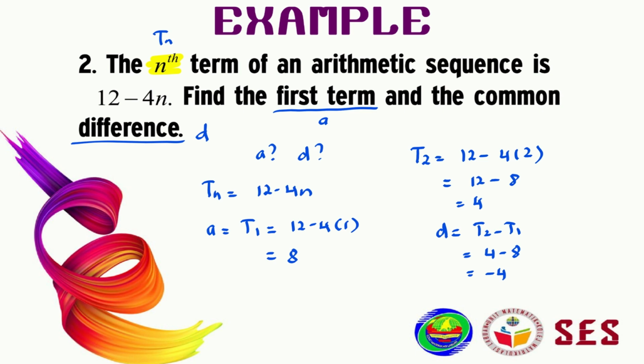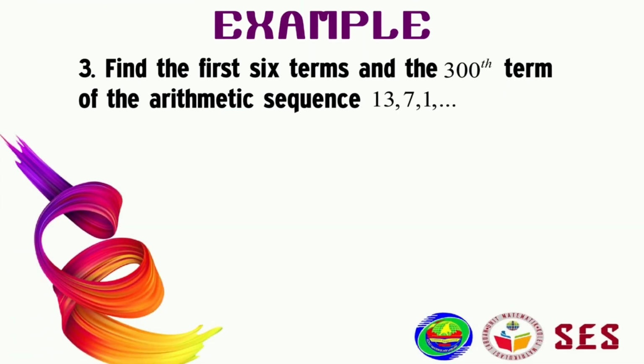Okay, let us proceed to our next example. Find the first 6 terms and the 300th term of the arithmetic sequence 13, 7, and 1. You really need to know to change the question into mathematical phrases. The first 6 terms means we need to find a, T2, T3, T4, T5, and T6.